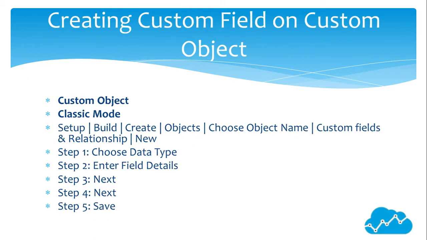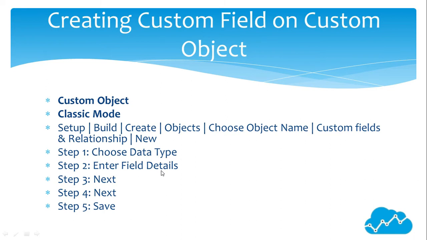Creating a custom field on a custom object. Custom object, classic mode. Setup, build, create objects, choose object name, custom fields and relationships. Click new. Step 1, choose data type.